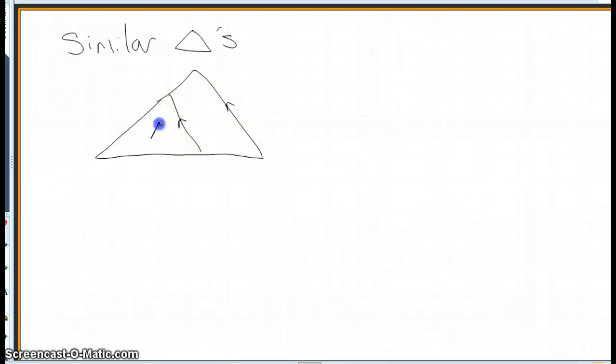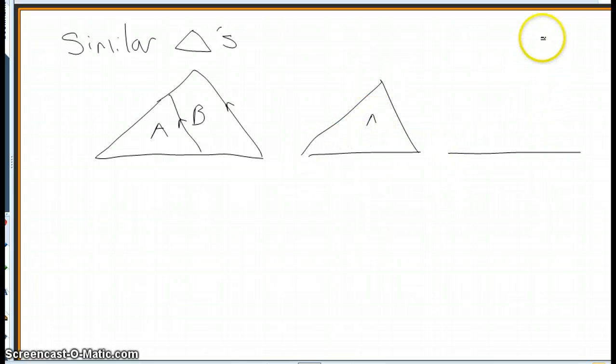If I call the smaller triangle A and the bigger triangle B, and split them up for a moment, that's triangle A, this is triangle B.